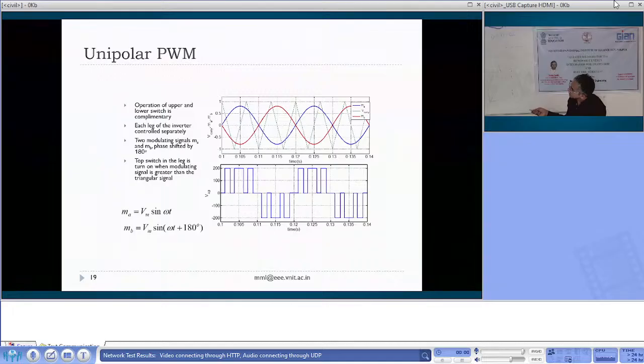If you compare the sinusoidal and triangular waveforms with these two waveforms and apply the logic, for the positive half cycle you will get a positive and zero state, 200 and 0. And for the negative half cycle, you will get minus 200 and 0. So you can produce this kind of waveform. So which is the better technique, unipolar or bipolar?